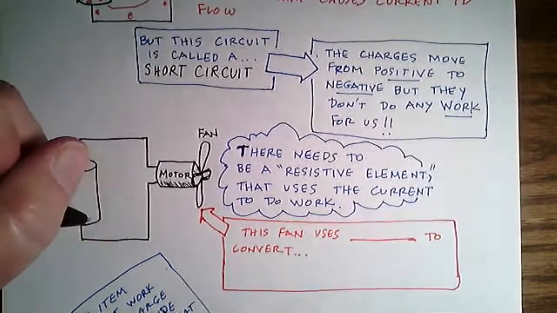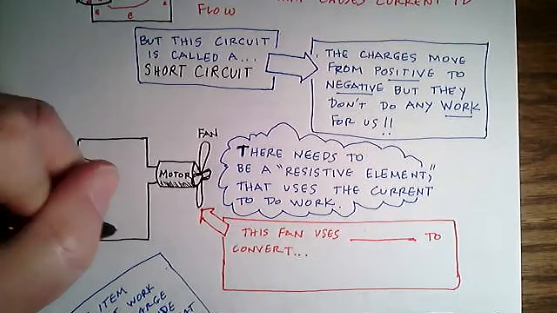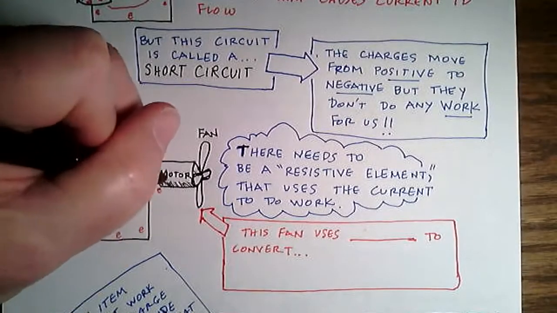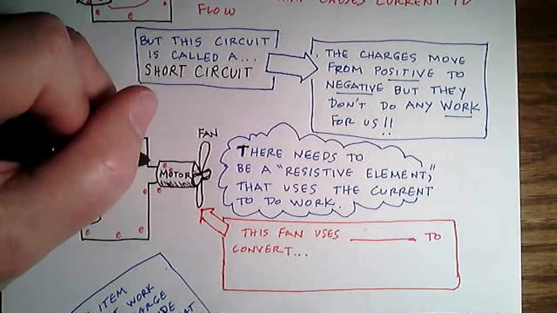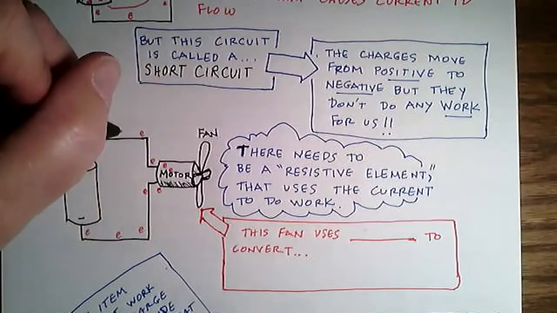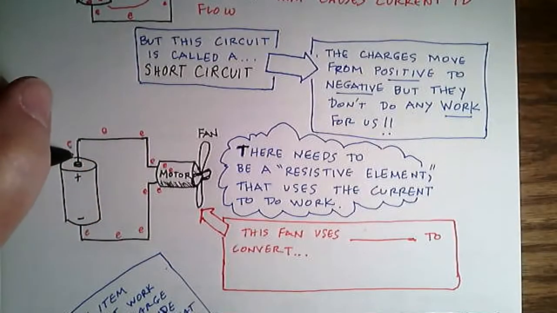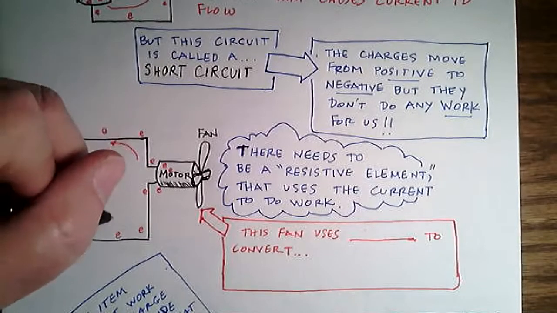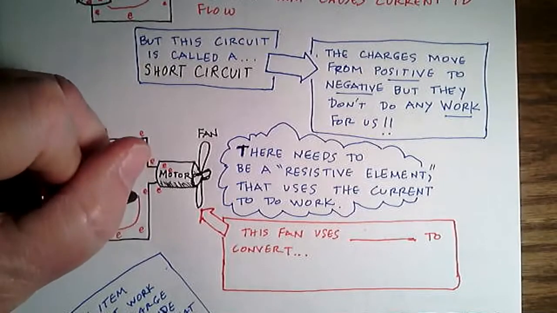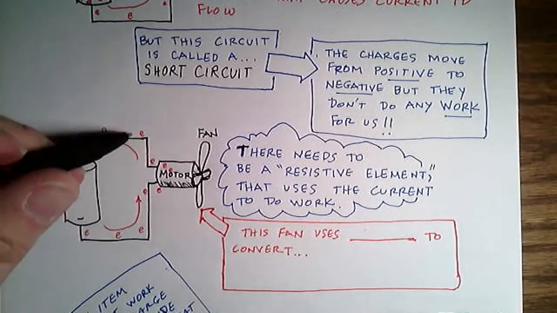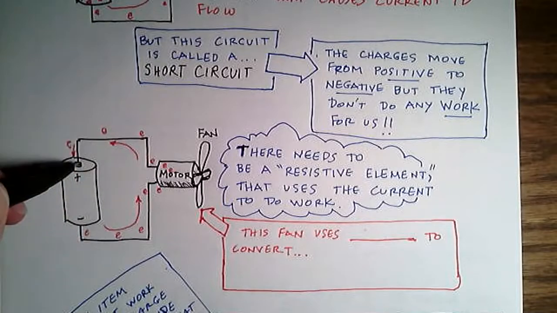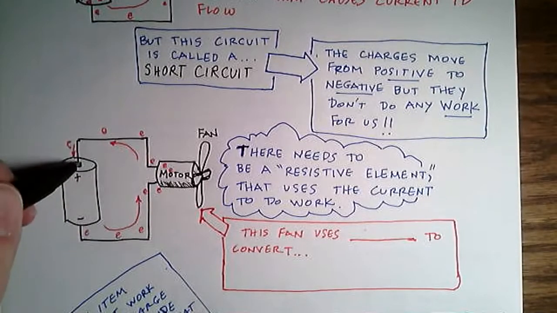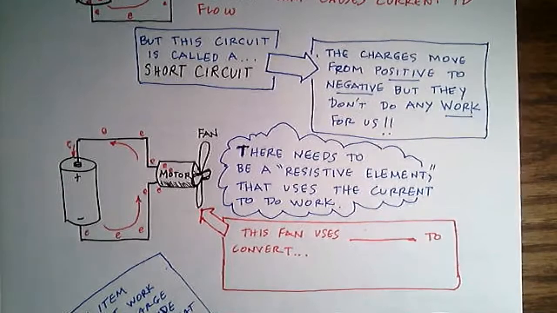If we did this, we would get our electrons moving, and when they went through the motor here, they would do some work as they move towards that positive side. Once again, I am drawing this current in the direction that the electrons move, but remember the actual current is in the opposite direction, from positive to negative.